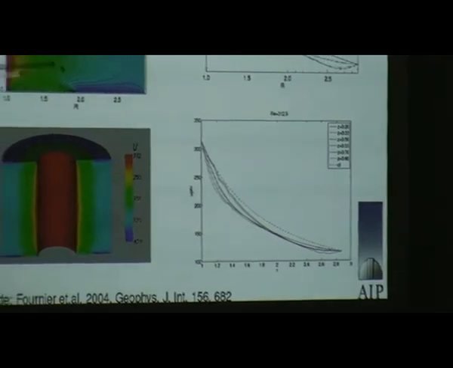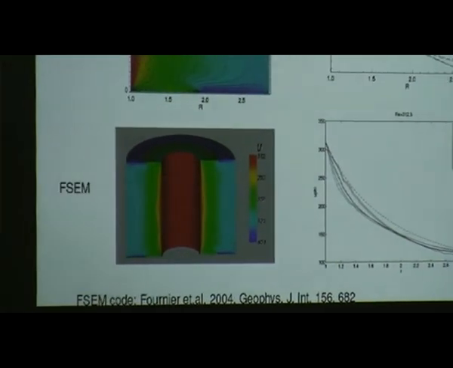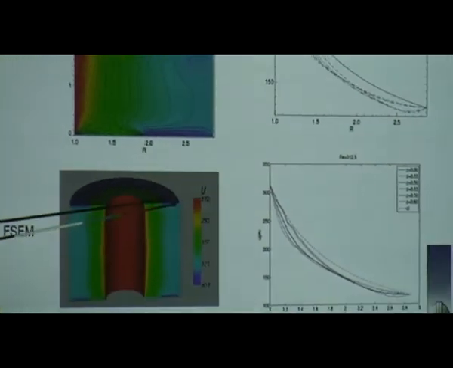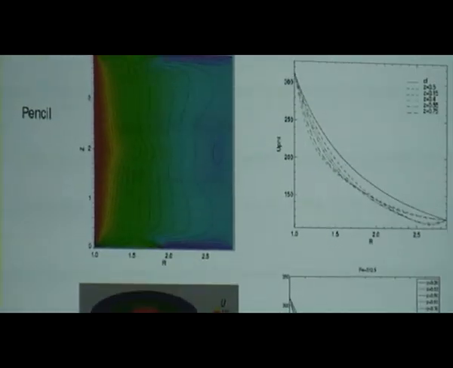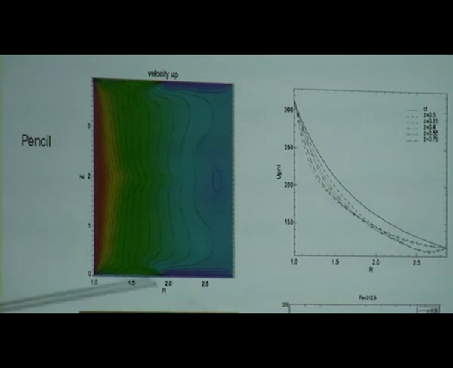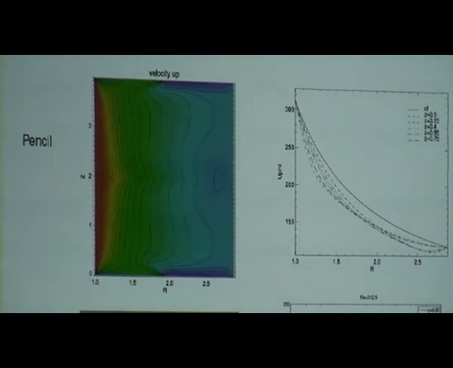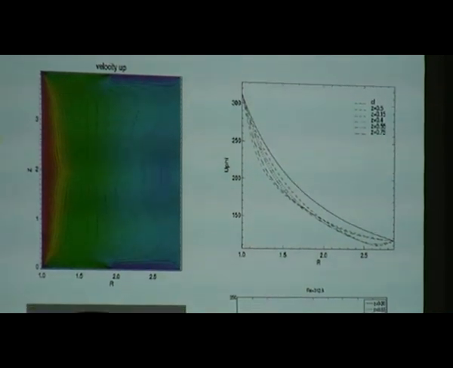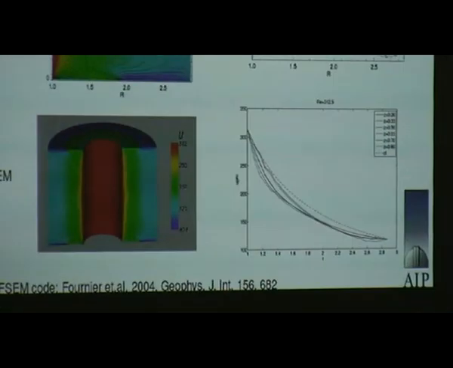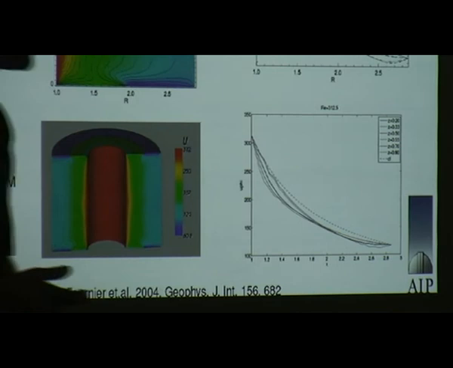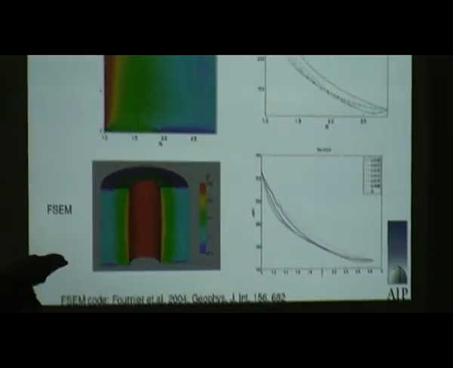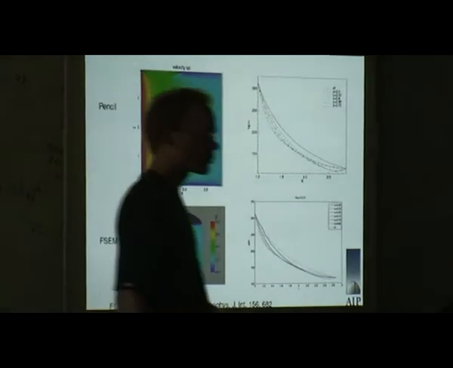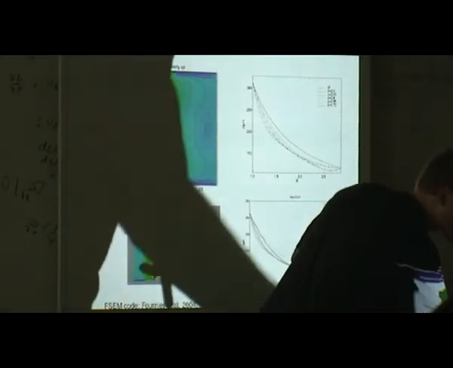But in principle one can see that the results are very similar, and so far I think that at least the results of both codes for these pure hydrodynamic cases are more or less the same, and I would say that the hydrodynamic part of pencil for isothermal and nearly incompressible situations is working quite well, and axisymmetric.